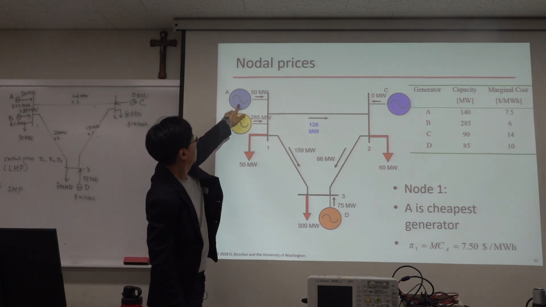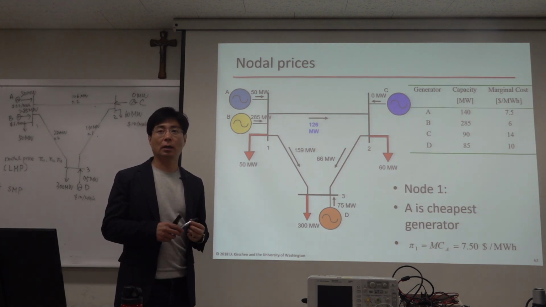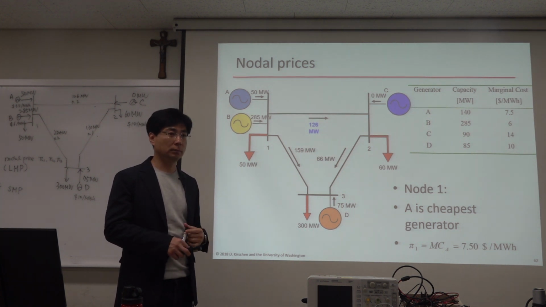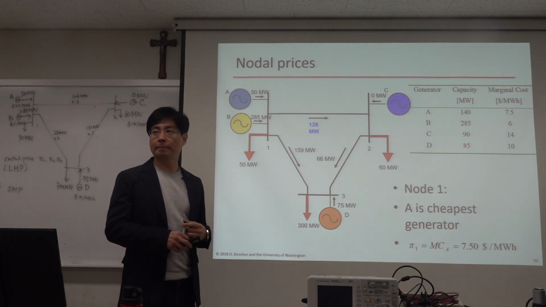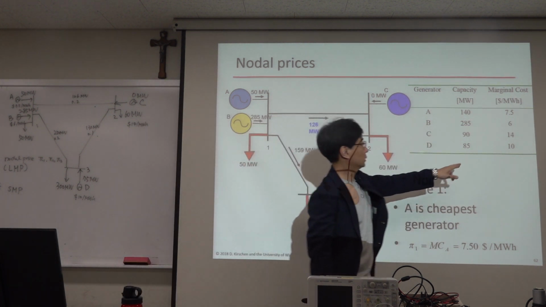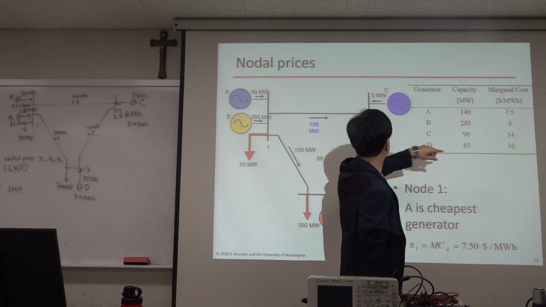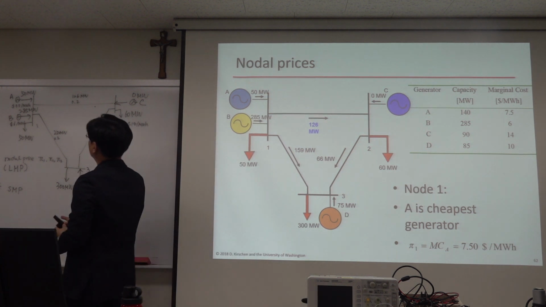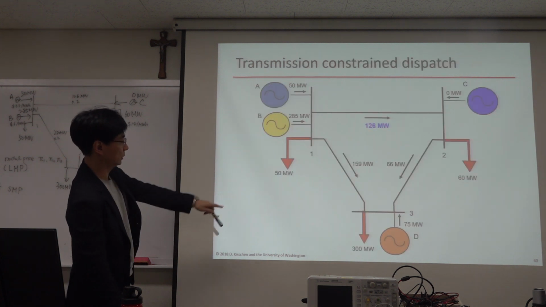So when the load is increased by 1 megawatt, how can you supply that additional megawatt in the cheapest way? There are 4 generators, A, B, C, D. This is the cheapest one, but its current generation is 285. So where is the maximum generation?